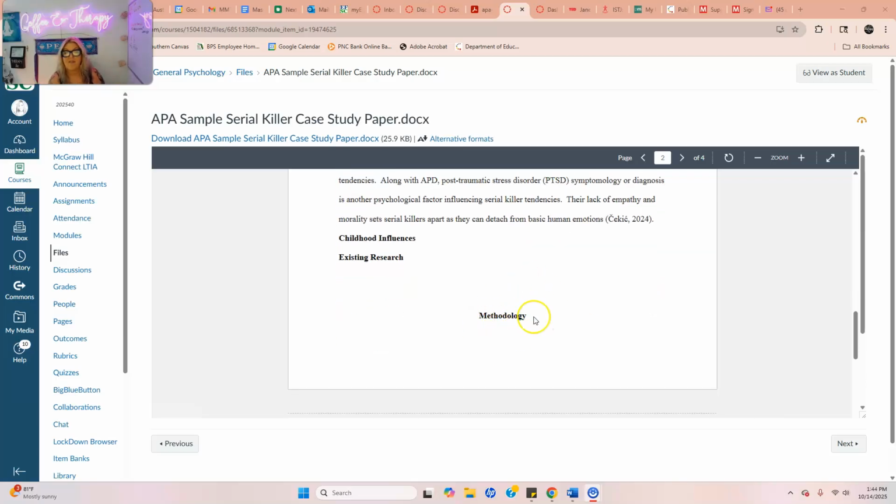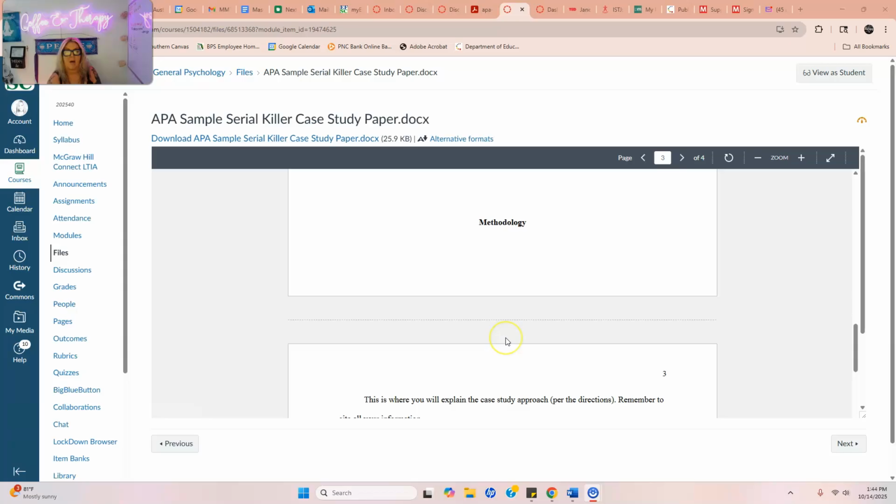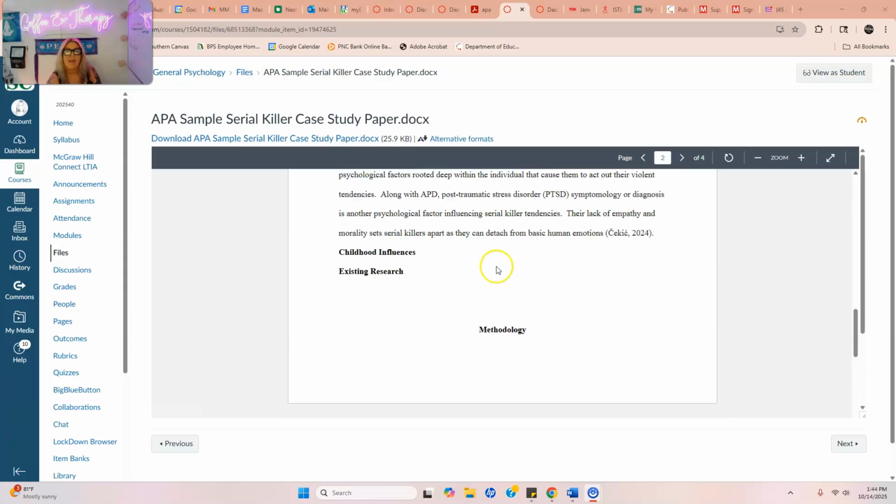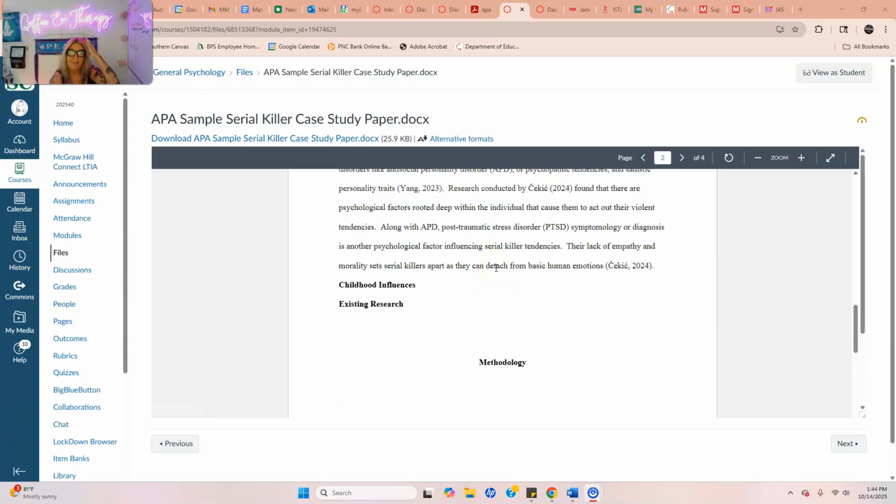All right, so now we have methodology. What I wanted to show you is I really wanted it to look like this because I've had instructors either dock me off a couple points or say, hey, change this. This is called orphaned. So in APA, you'll notice it says methodology, and now it goes here. You'll learn in APA, never to have a title orphaned.